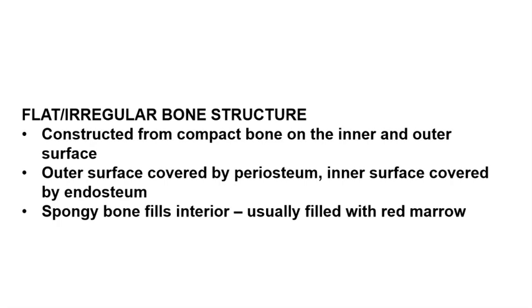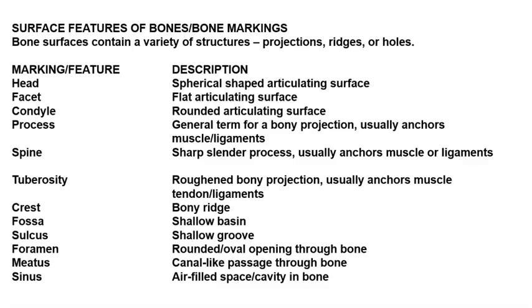The external surface of bones is not smooth, but usually it's covered with rough patches, projections. It might even contain holes in it to allow for blood vessels and nerves to pass through the bone. So we're going to examine a few of those structures, those features, and give their descriptions here.